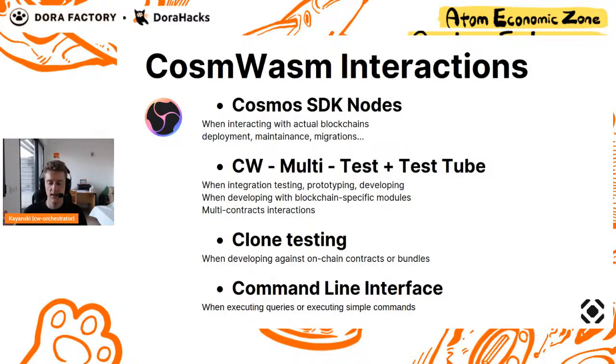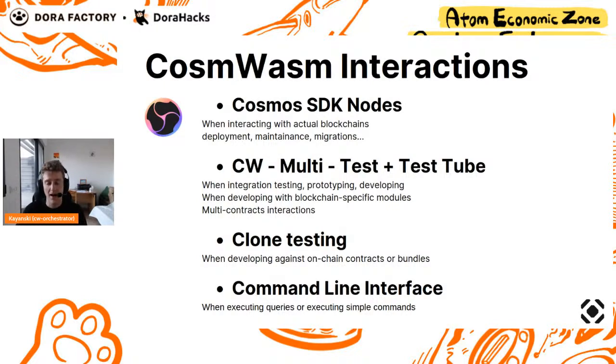The second use case is when you want to test. You want to be able to rapidly, inside your own computer, test everything you do to make sure that when your contract is on chain, everything works perfectly and adapts perfectly to the chain you're interacting with.